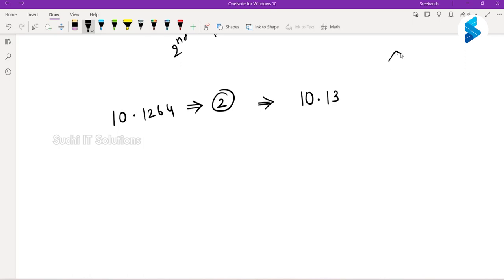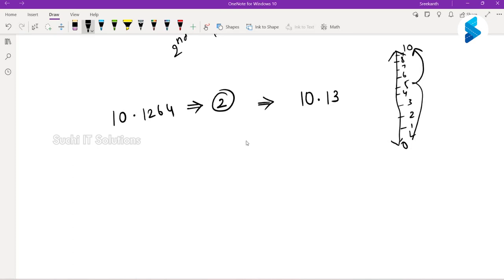So whenever I'm looking at rounding, always think 0 to 10: 1, 2, 3, 4, 5, 6, 7, 8, 9, and 10. If the digit is greater than or equal to 5, I'll go to the next number. If it is lesser, then I'll go to the previous number.